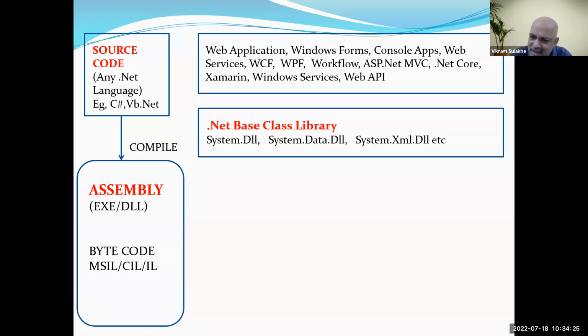The assembly extension can either be an exe or a DLL. So here we have seen examples of assemblies which have an extension of DLL. You may also have assemblies which have an extension of exe. Right? So we'll talk about the difference between exe and DLL in a short while.